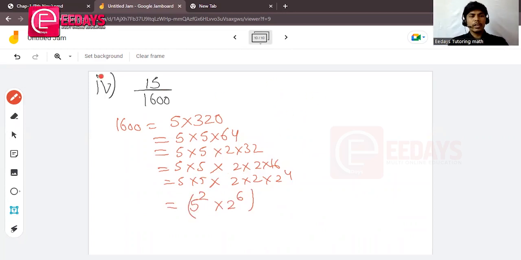Now observe carefully. We have 15 by 1600, which we can write as 5 square into 2 power 6.